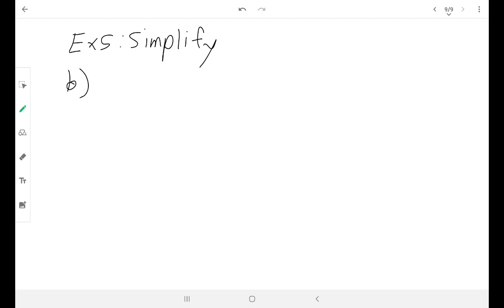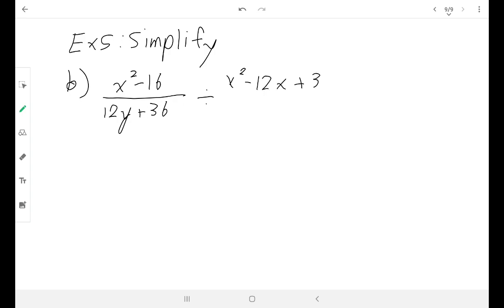This is now part B. And in part B, we've got x squared minus 16 over 12y plus 36, divided by x squared minus 12x plus 32 over y squared minus 3y minus 18.